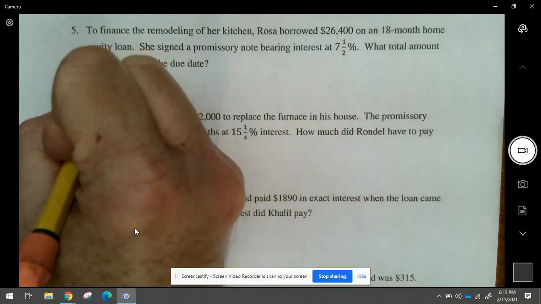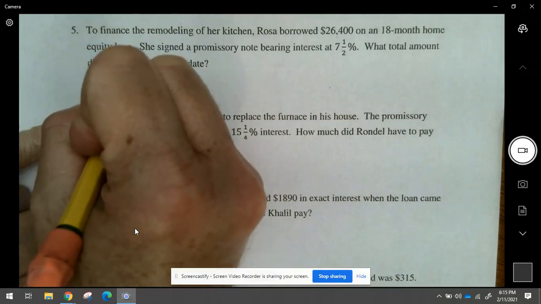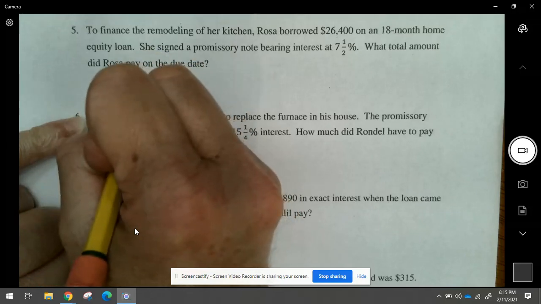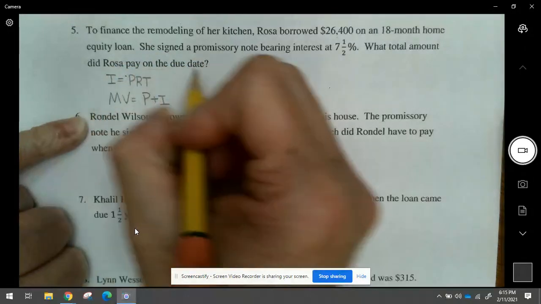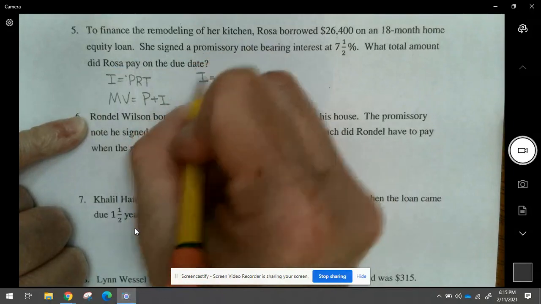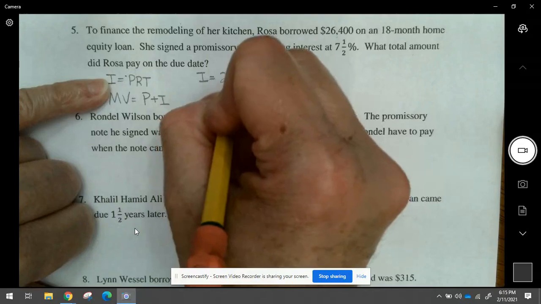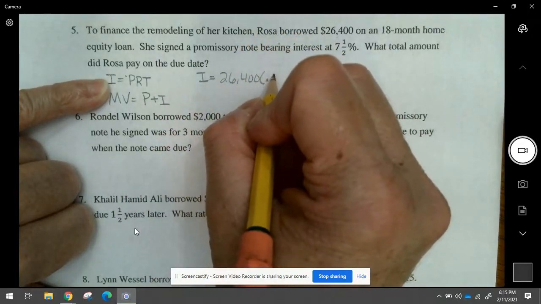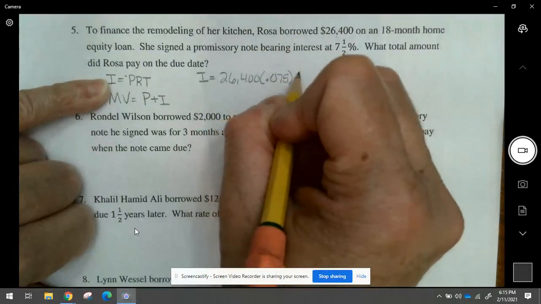So we're calculating the interest first, principal, rate, and time, and then we're going to do the maturity value, the principal plus the interest. Okay, so let's sub in. The principal is $26,400. The rate is 7.5, so 0.075.